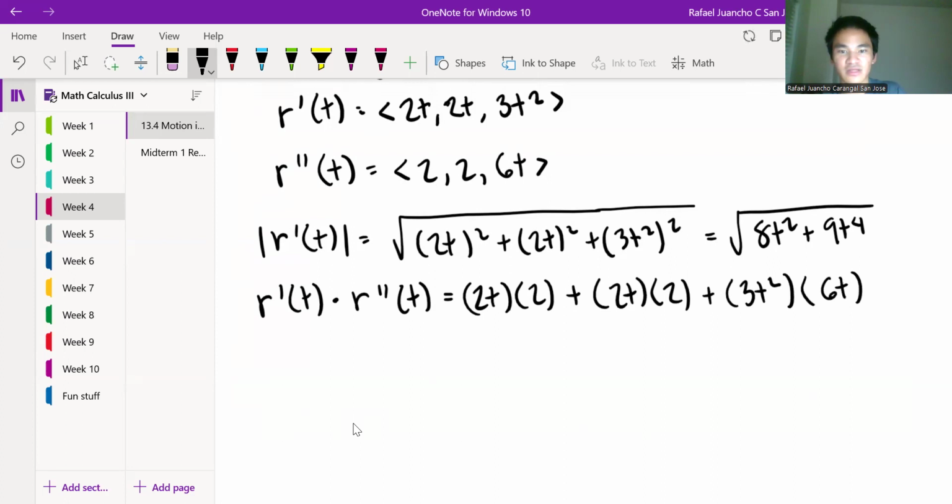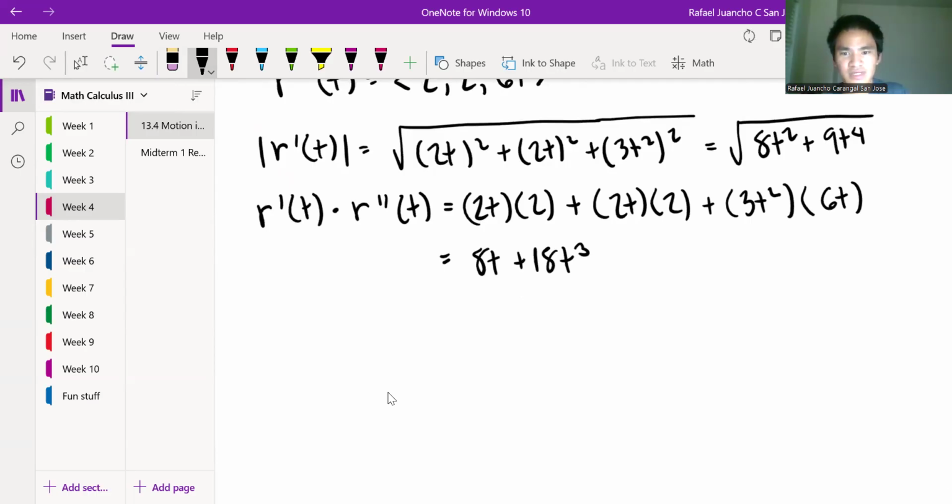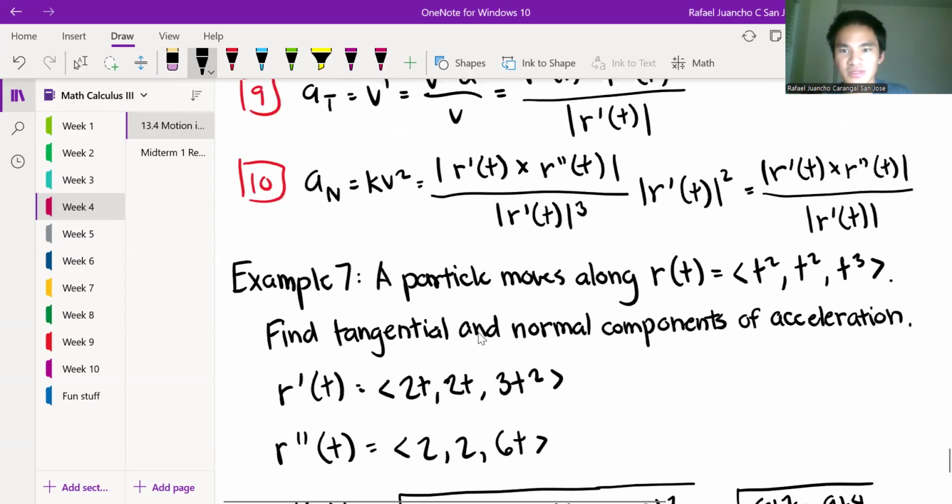And then this will give us 4t plus 4t, so that's 8t. And then we add 18t cubed. Then can we simplify? I don't need to.